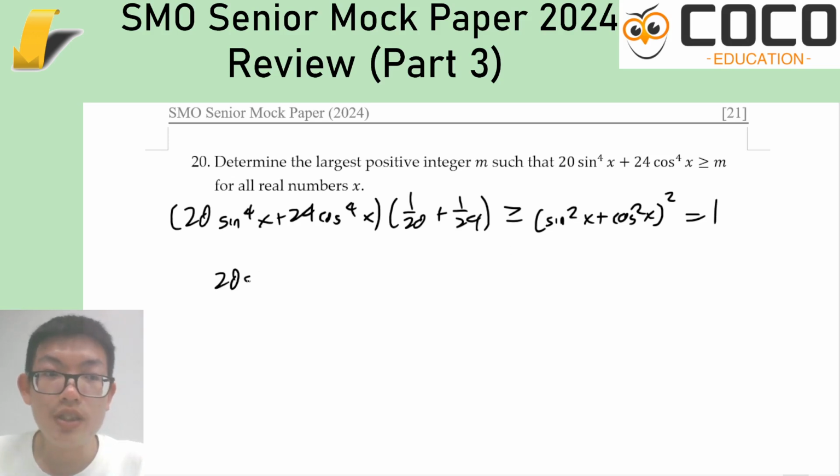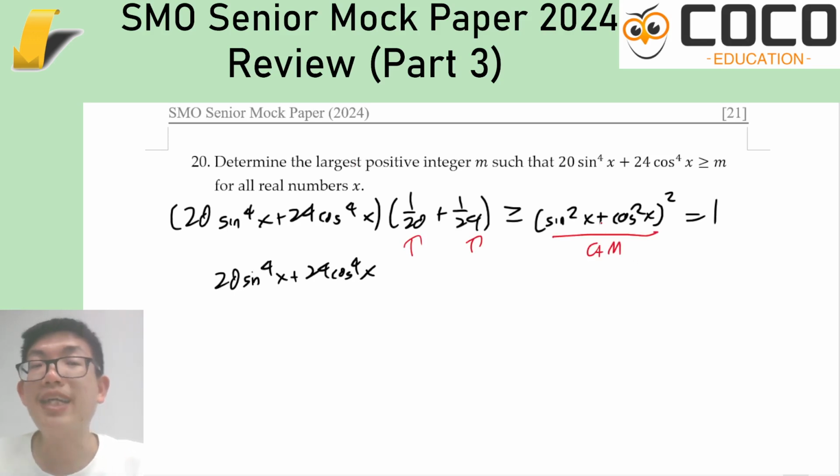And so if you knew Cauchy-Schwarz, the idea of Cauchy-Schwarz is to plonk in appropriate things so that the geometric means are nice. And this would be an example of that.